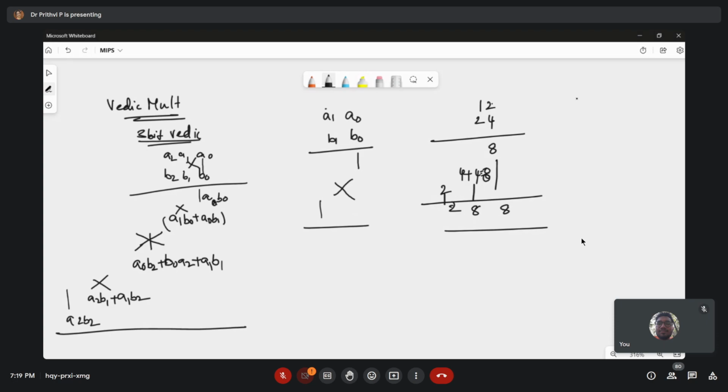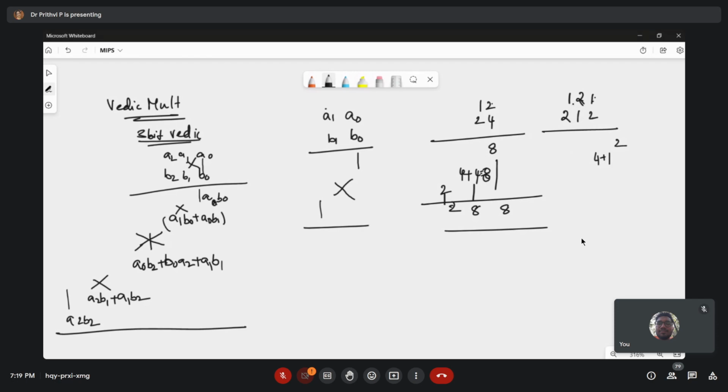Same way, if I want to get, say, 121 into 212. As simple as this, let me give a try. See here, 1 into 2, 2. This is 4 plus 1, 4 plus 1. Next, this one, this is 4 plus 1.